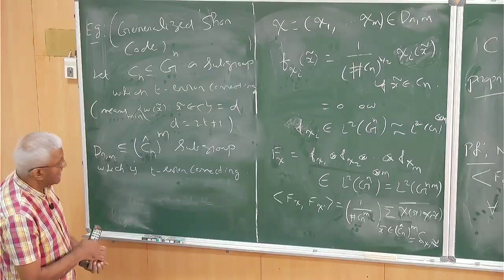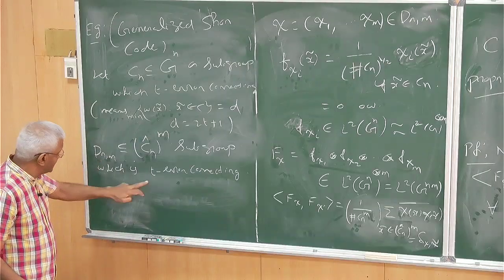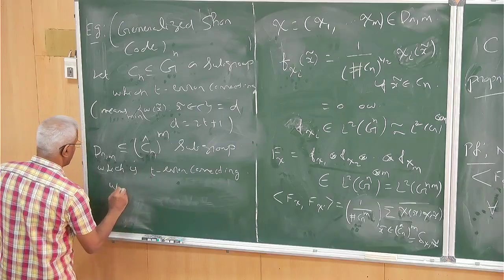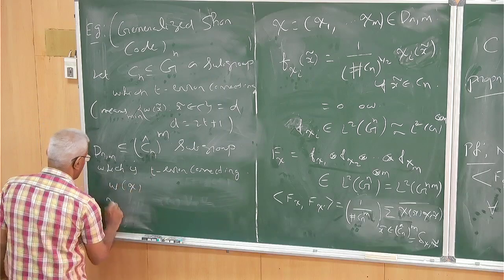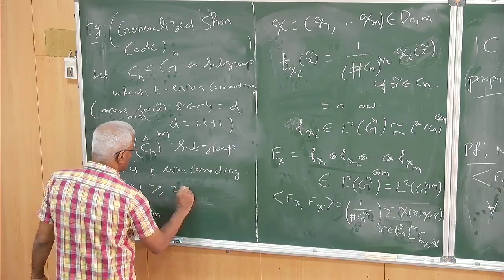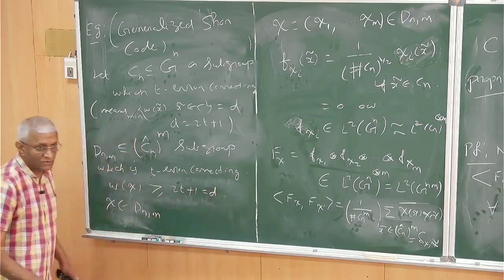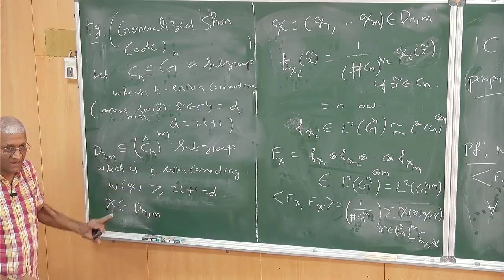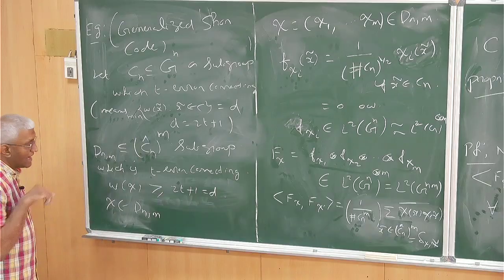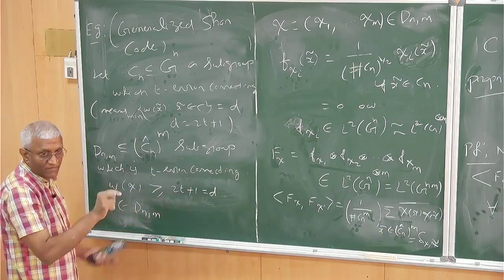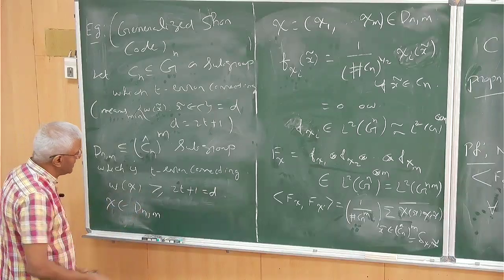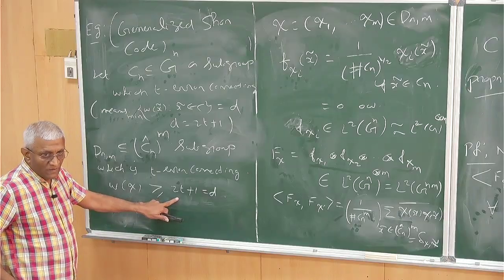T error correcting means the weight of any chi in this Dn is greater than or equal to 2t plus 1. That is the T error correcting definition. And for alpha tilde, the number of entries in the tuple which are not equal to identity is going to be less than 2t.